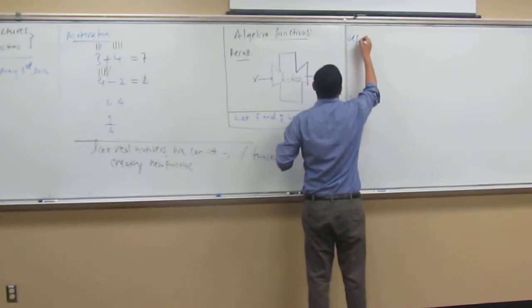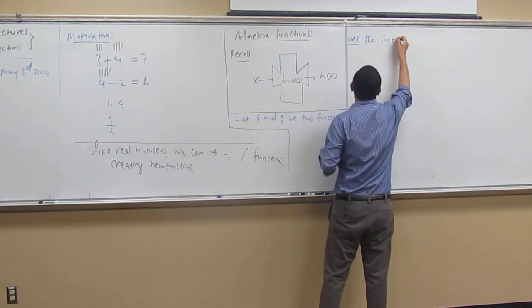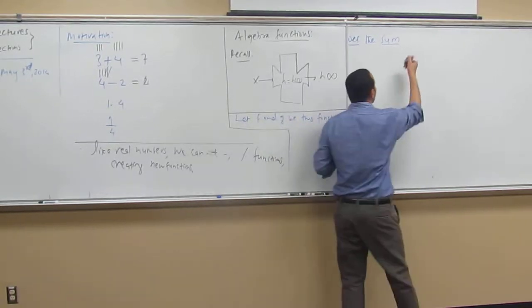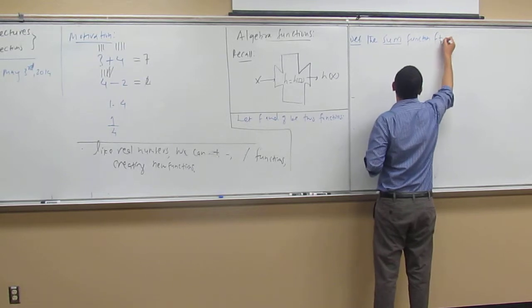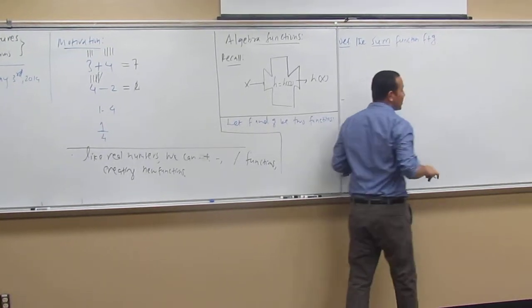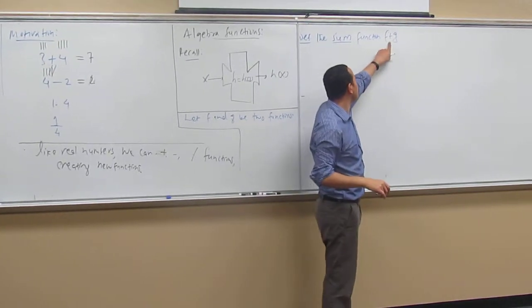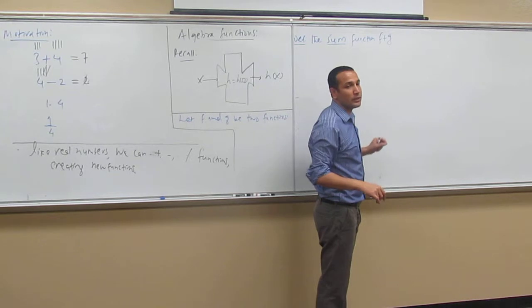definition, the very first definition. The sum function, okay? The sum function f plus g. This is the notation of my new function. It perfectly makes sense because I am adding two functions here, the addition sign, so it's a notation, okay?